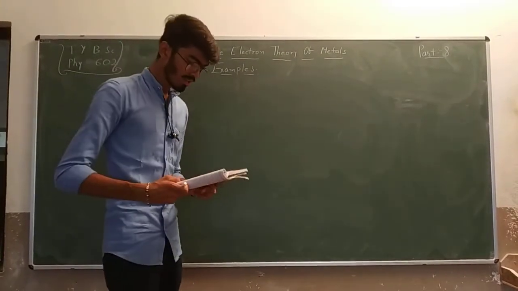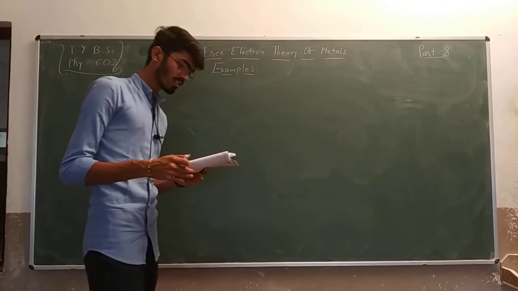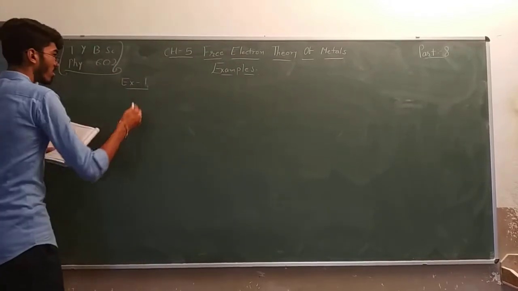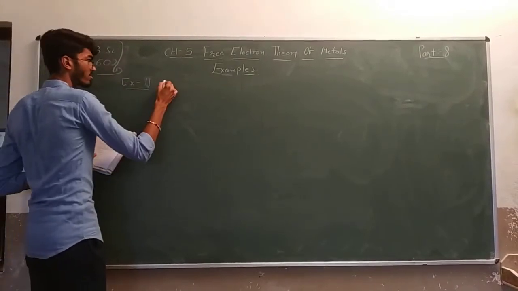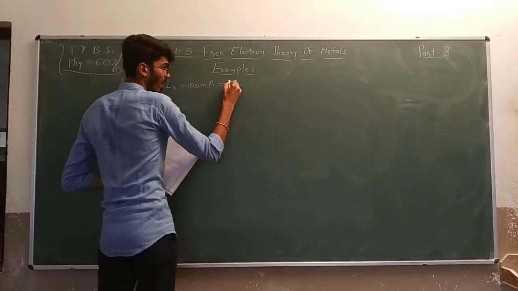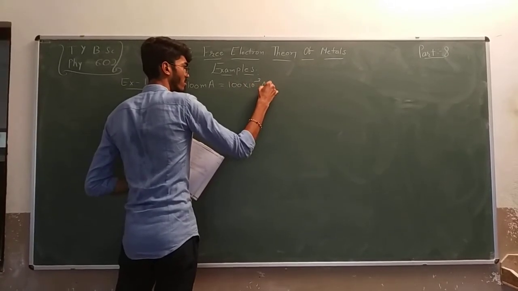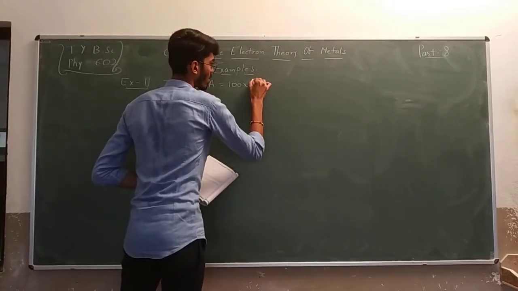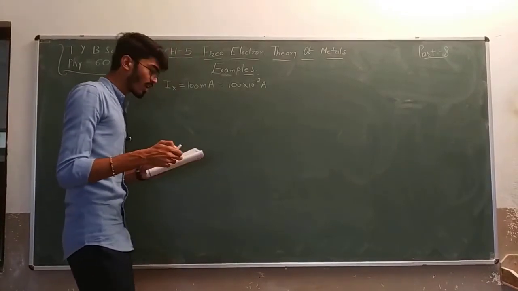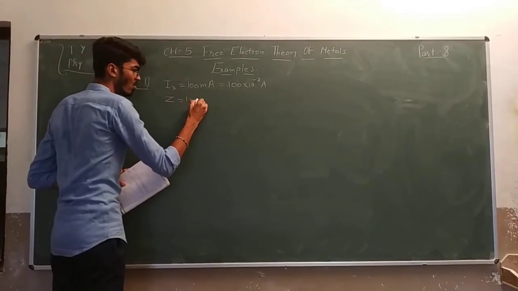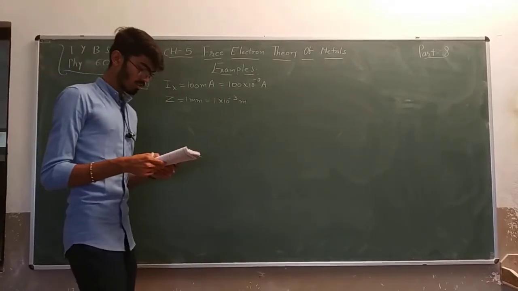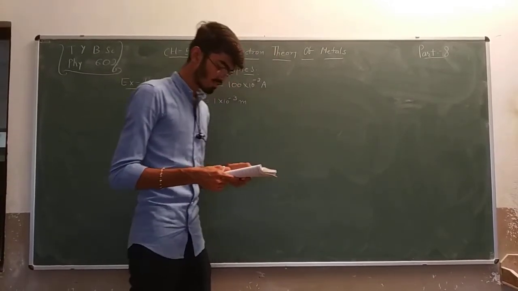Example number 11: calculate the EMF generated in the case of sodium when a current I of X of 100 milliampere, that means 100 cross 10 raised to minus 3 ampere, passes along a sample 5 mm wide and 1 mm thick, that means our Z is equal to 1 mm, which is 1 cross 10 raised to minus 3 m, in a magnetic field of 0.1 Tesla.